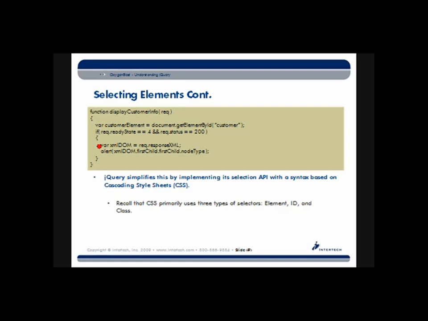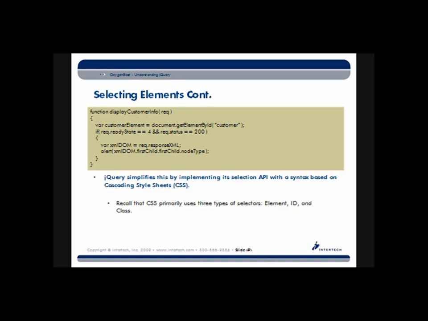But what I want you to pretend is that the XML DOM variable is really just a handle to an entire XML tree that I want to start to traverse. And so what I could do is that once I have that handle, I can say from that DOM, I want to get to the first child, and from that first child, I want its first child, and then I can get whatever other information I need. That's traversing a DOM tree using the DOM API. So those are a couple of common ways that with traditional JavaScript we're able to select and find elements on a page or in an XML document.